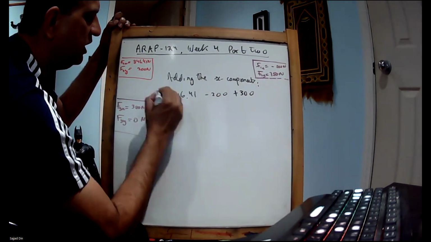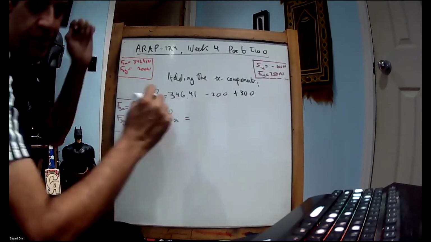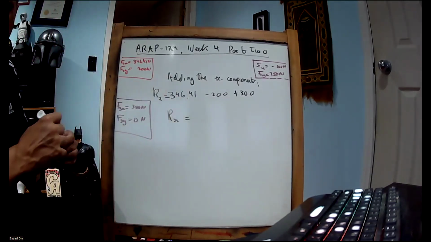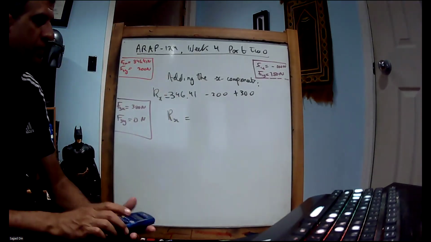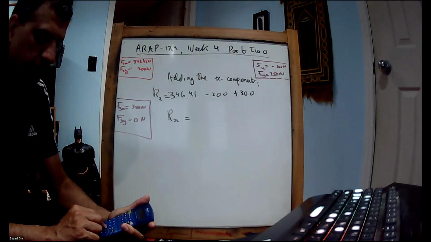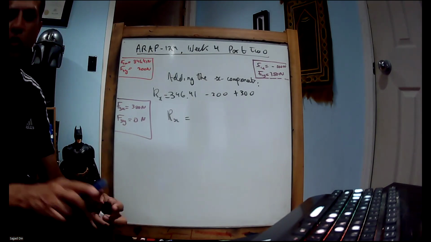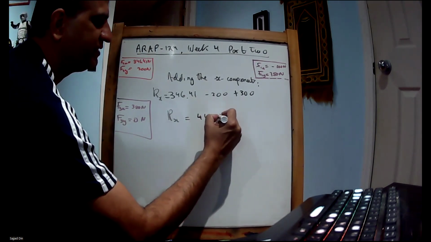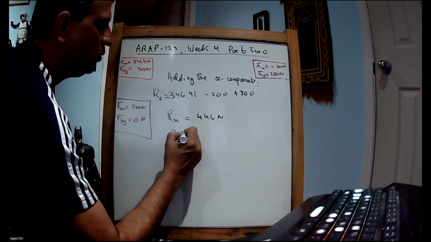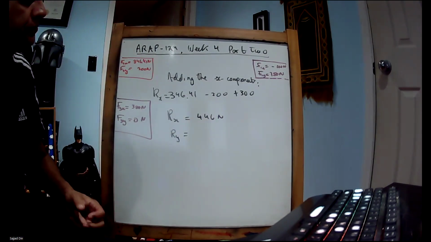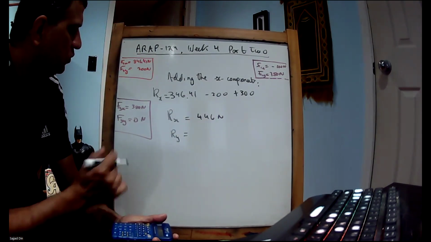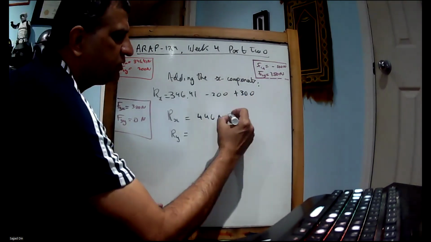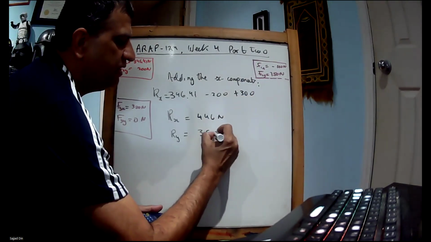So we're going to call it Rx, and 346 plus 300 minus 200 gives 446 newtons. And our y is going to be 350 newtons.